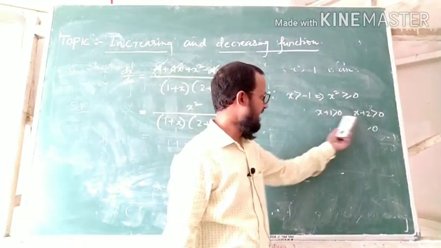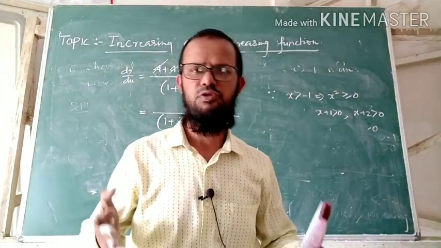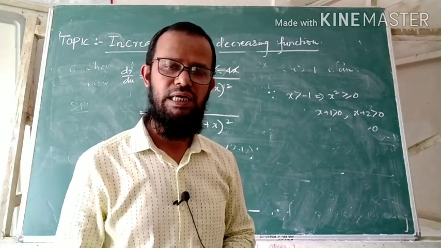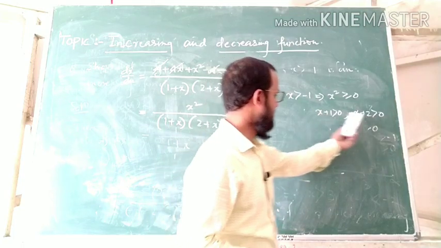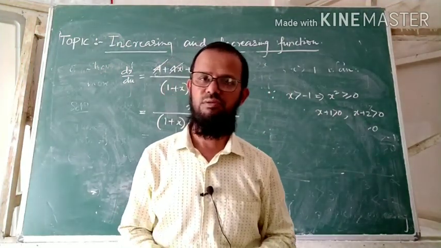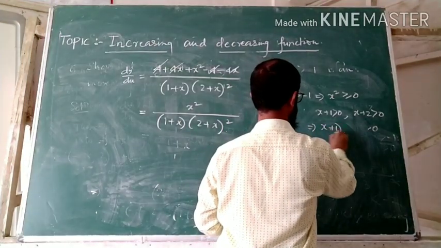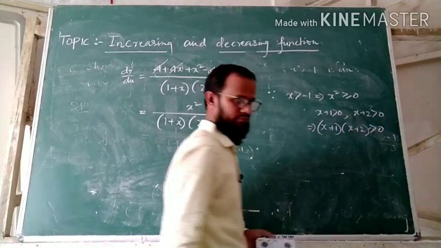If both are strictly positive numbers, like suppose 2 and 3, both strictly greater than 0, then their product is 6, which is also greater than 0. So if you multiply these two terms, x plus 1 into x plus 2, it will also be positive. So x plus 1 into x plus 2 is greater than 0.